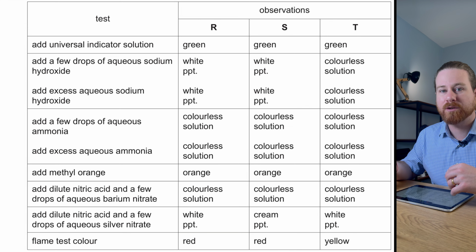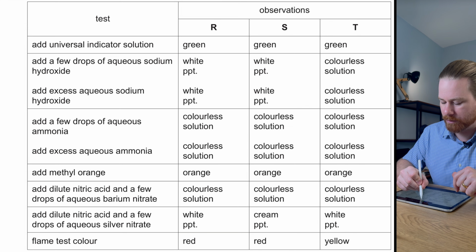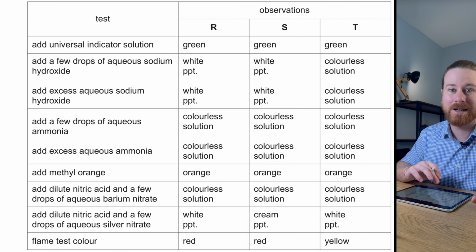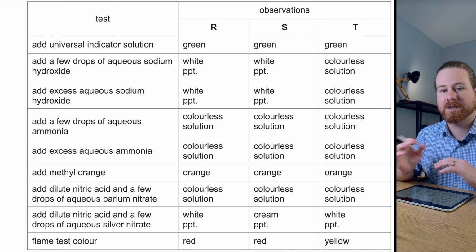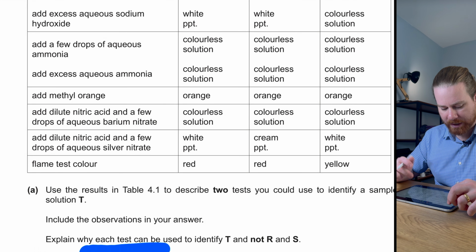But even the absence of a positive result is still telling you something about your solution. And always remember, you've got a positive ion and a negative ion, and you've got different tests for each. Okay, so let's have a look at the question.